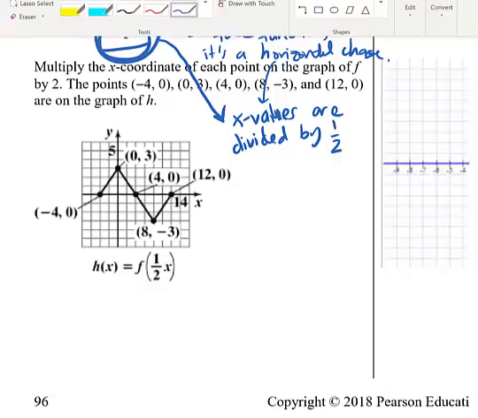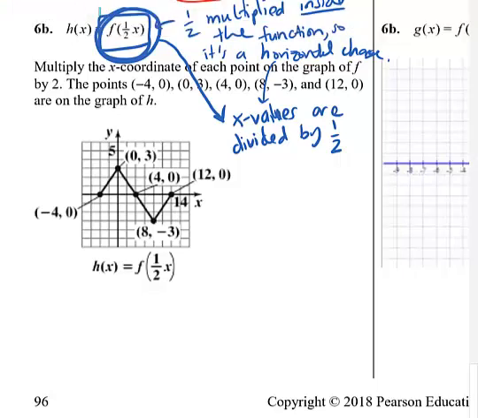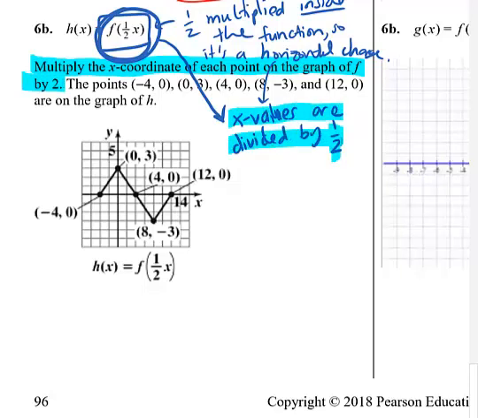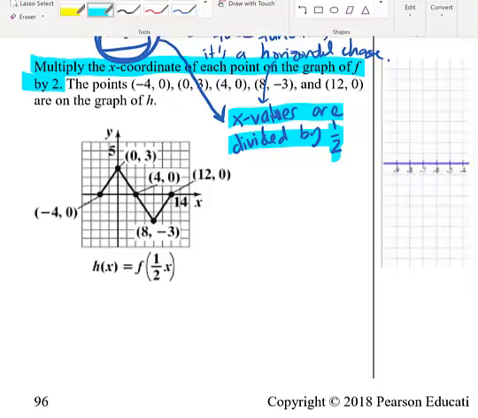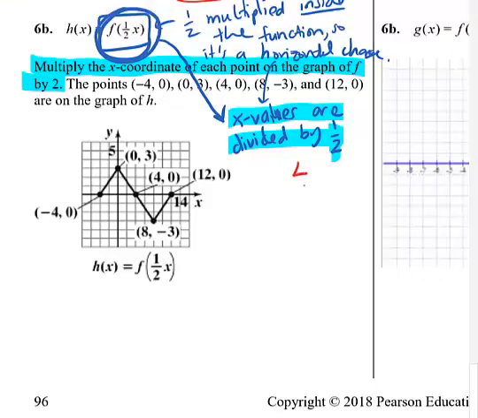But notice that the way they've written it here in the typing, they just simplified it. They're actually going to multiply each x coordinate by 2, which seems like it's different, but if you think about it, if you divide something by a half, like 4 for example, what if I divide 4 by a half?